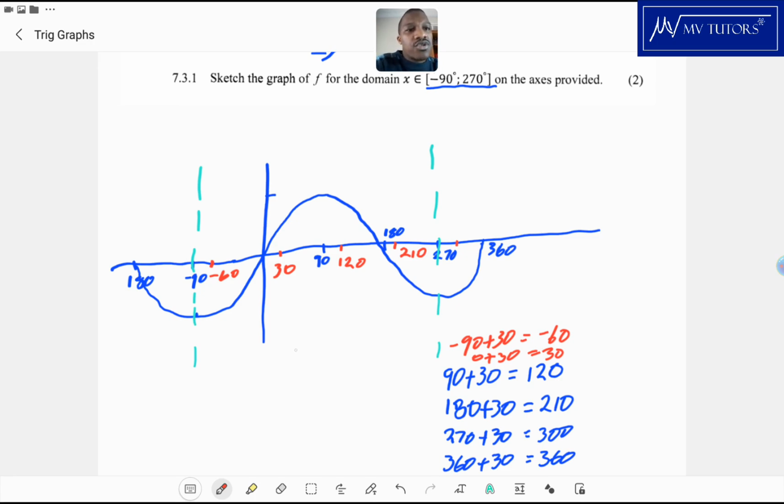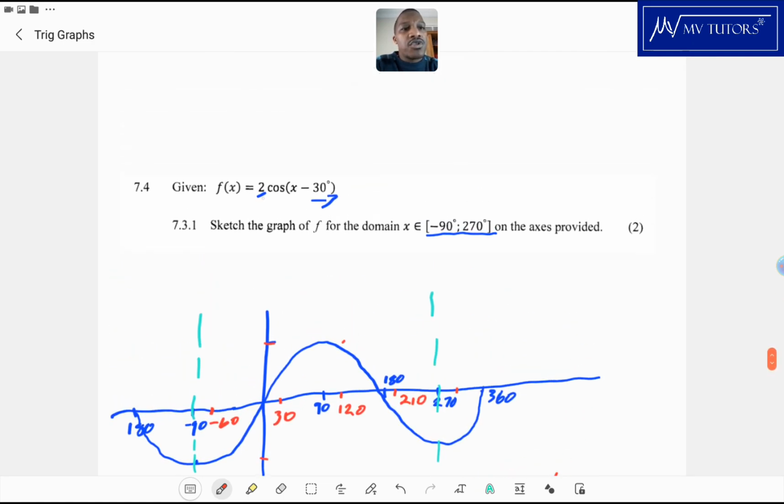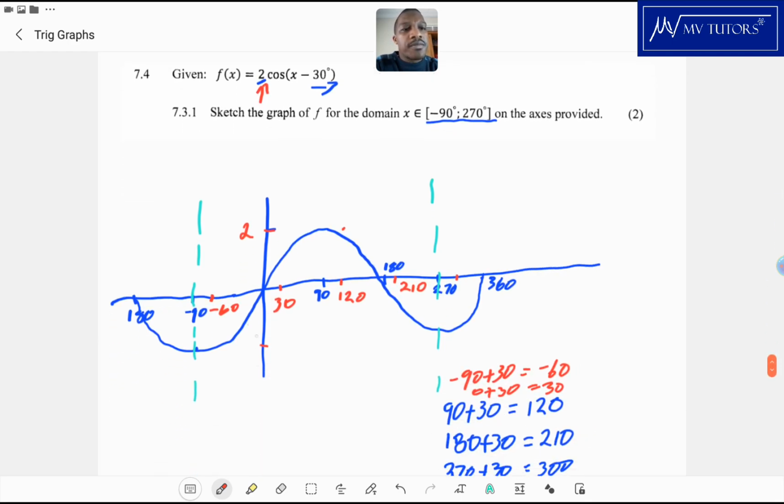So let us draw the graph now. At 90, it's supposed to be there, the apex, at the amplitude. Now, our new amplitude, because we have a 2 here, is going to be 2 here and negative 2 there.